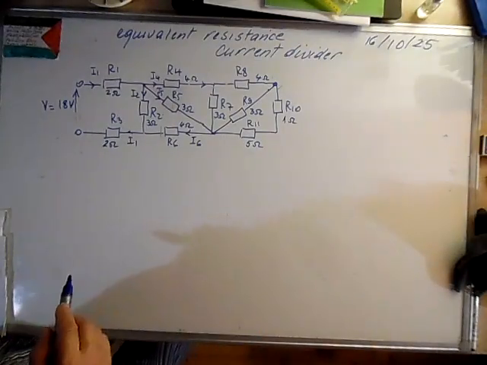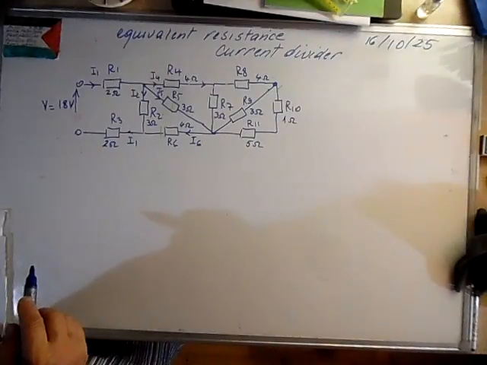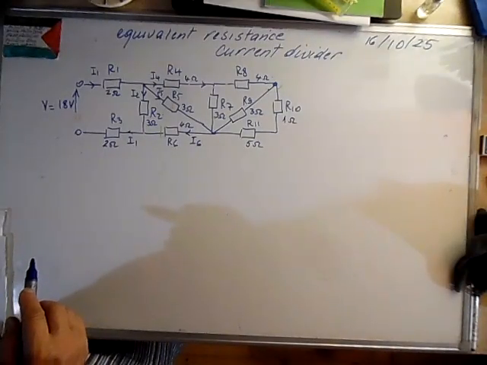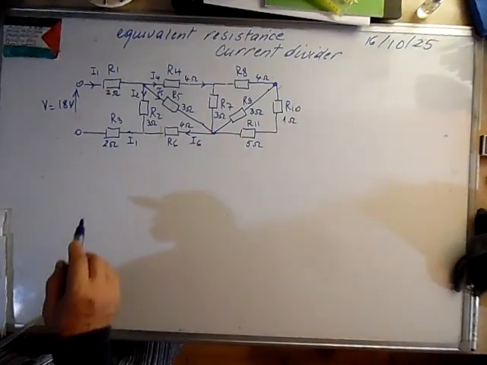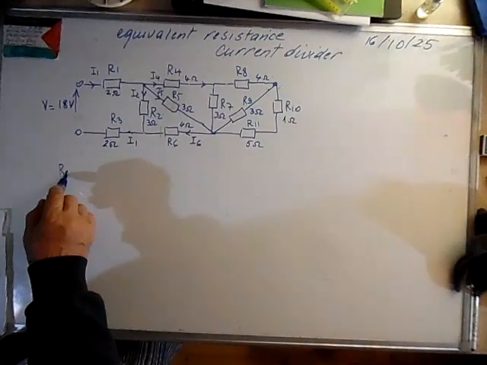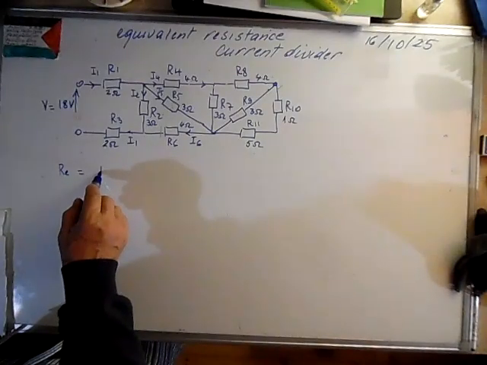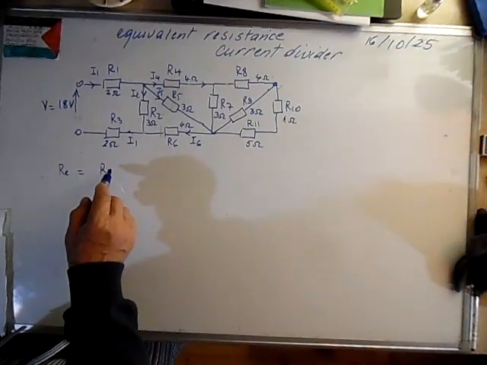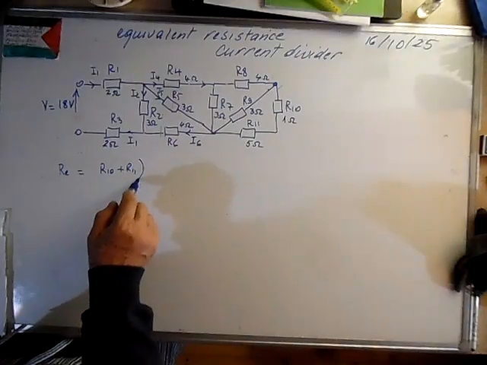Let's start by calculating the equivalent resistance, because with this we can calculate the currents in the branches with the current divider method. We have the first step: R10 plus R11 are in series.